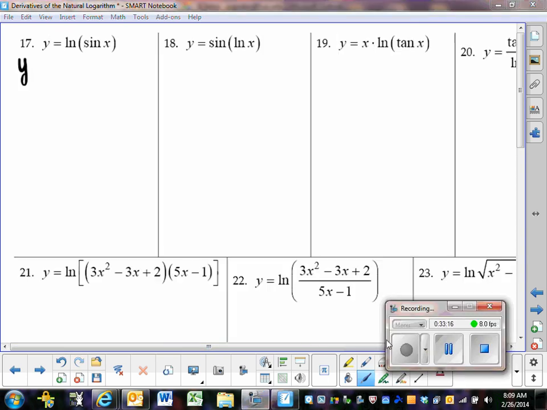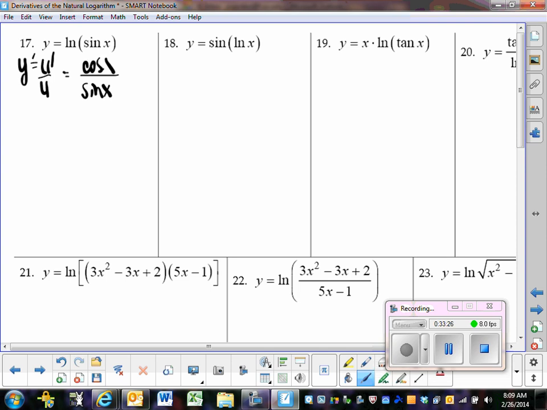Okay, so again, this last problem on this page is one that people struggle with because the natural log is inside. So remember, think of that more as your u. So if your u is natural log of 3x squared, we could rewrite that as natural log of 3 plus 2 natural log of x. So we're doing the product, so the product inside can be split up, and this is a power.